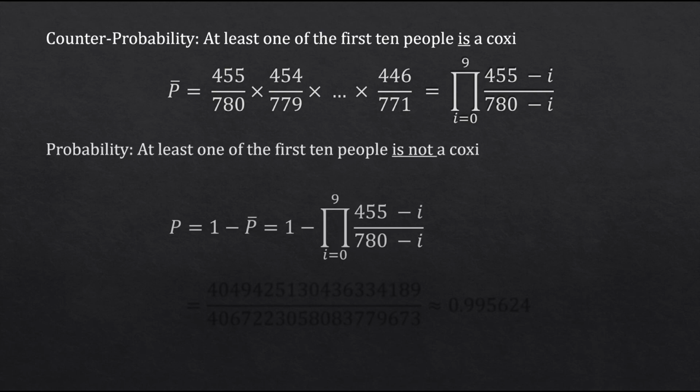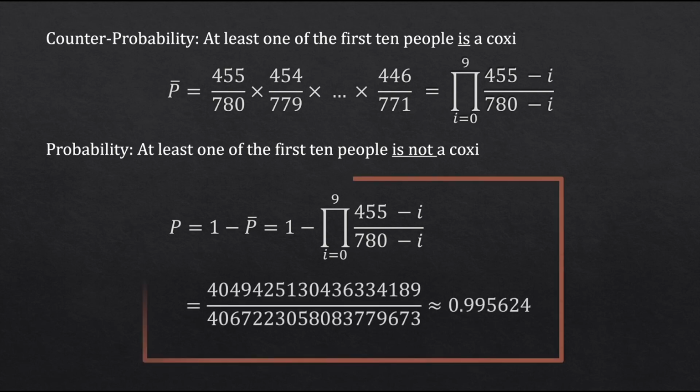But then in the second step, we will subtract the counter probability from 1 in order to find out the actual probability of meeting at least one non-Coxi out of the first 10 people we meet at the bar. Then the final result is above 99%.